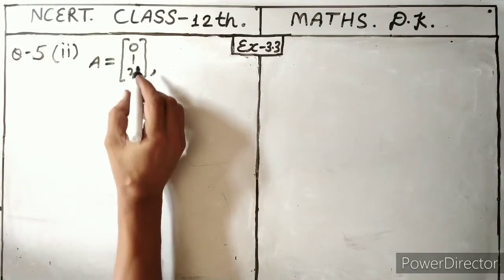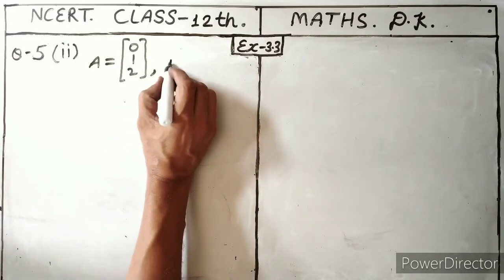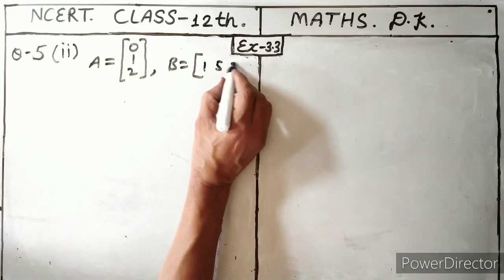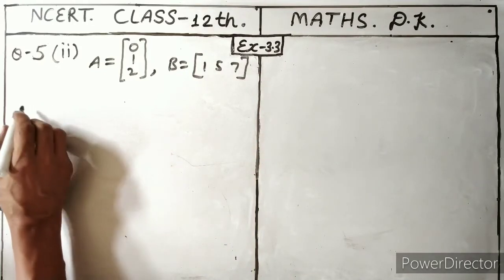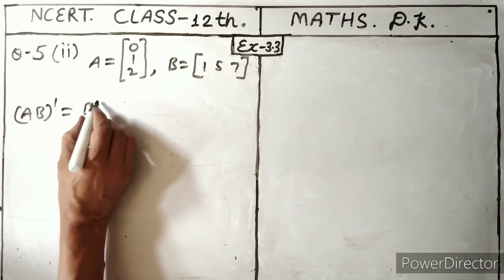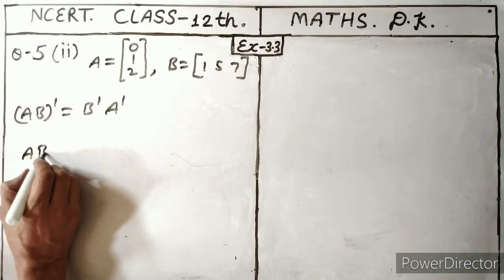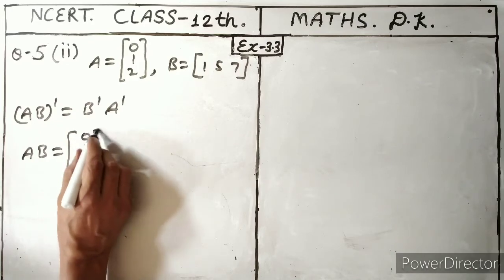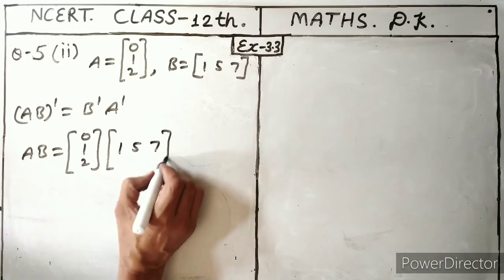In second part we have matrix A is 0 1 2 and B matrix is 1 5 7, and we verify AB transpose equals B transpose and A transpose. At first AB is A 0 1 2 and B is 1 5 7.